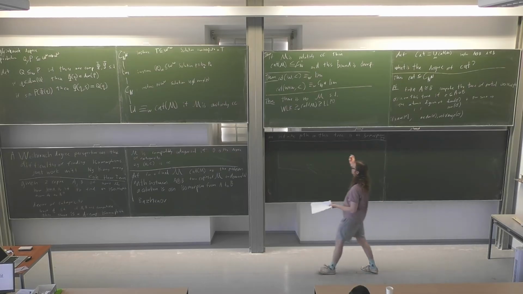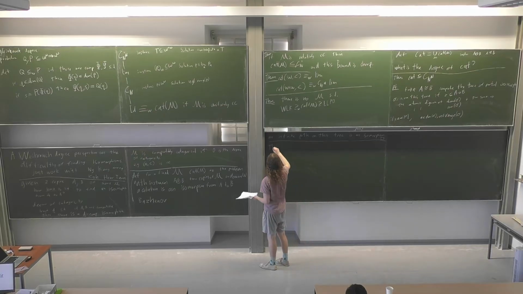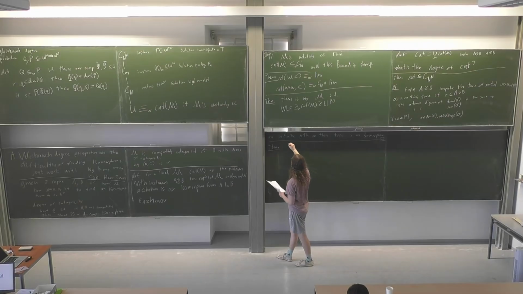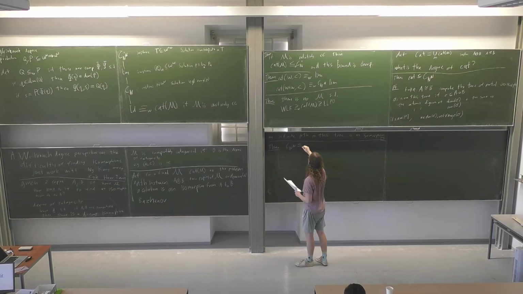It turns out we've also got the other direction as well. Choice on the Baire space is in fact reducible to the general cat problem.